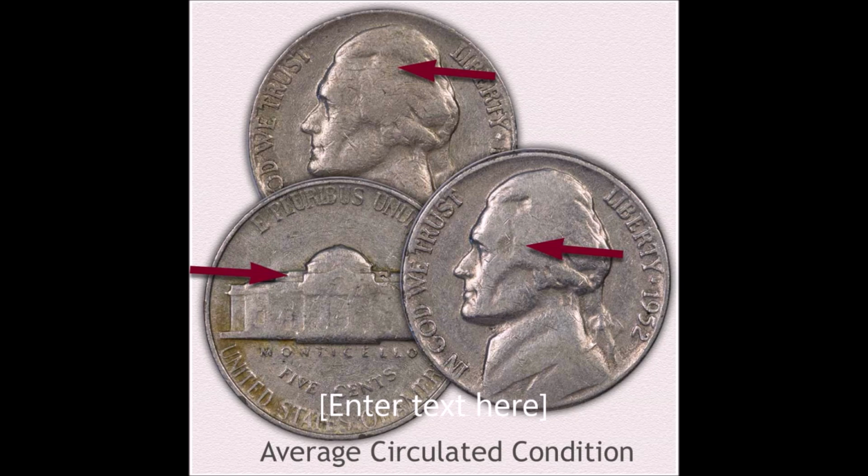As far as different finishes, there's a circulating coin finish, and those are made for commerce and daily business use of buying and selling various things, and the coins that you're going to use in your day-to-day life. There are no extra steps in the production process of these circulating finished coins.